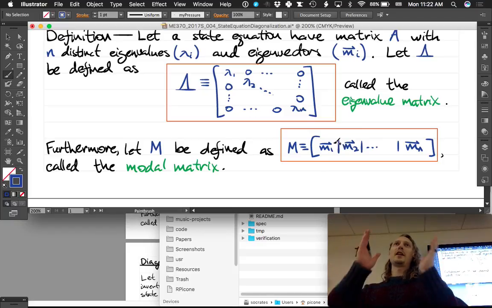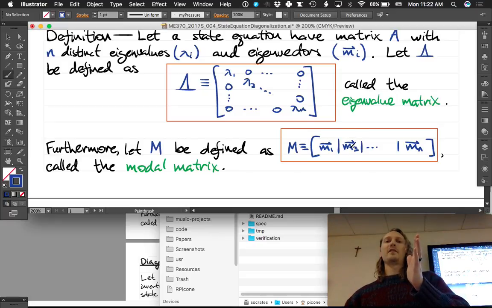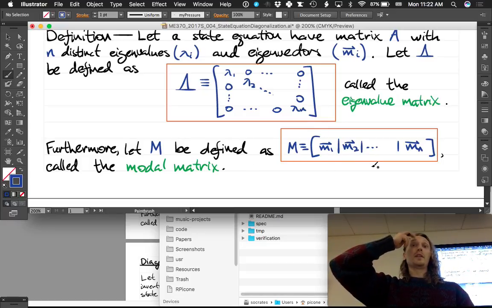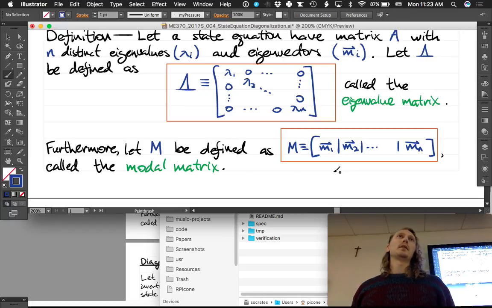You're putting in a vector as a column, and then the next vector is the next column. So we have here another n by n matrix, okay? There are going to be n values in each vector, so each column has n values, and there are n vectors.